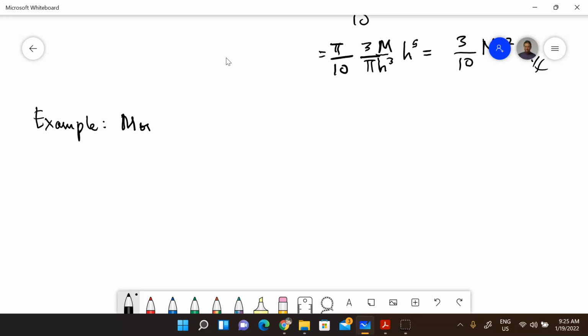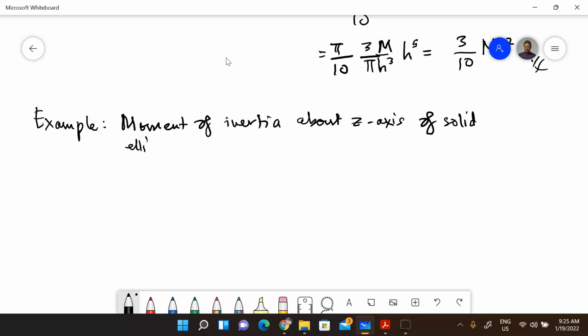Okay, so moment of inertia about the z-axis of a solid ellipsoid. And that is given by x squared over a squared plus y squared over b squared plus z squared over c squared equals 1.